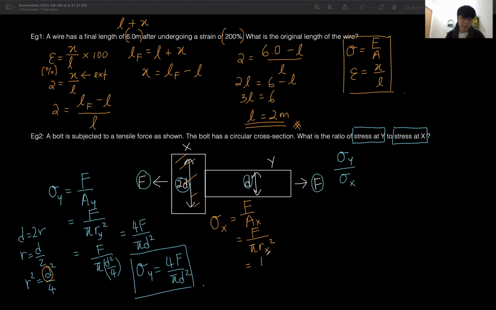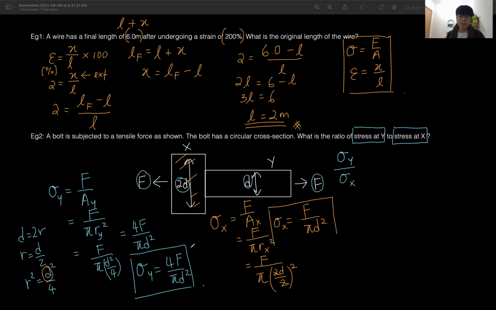Meaning F over pi and then bracket 2d over 2 squared. So the d I changed to 2d. Now cross, I get F over pi d squared. This is stress X.